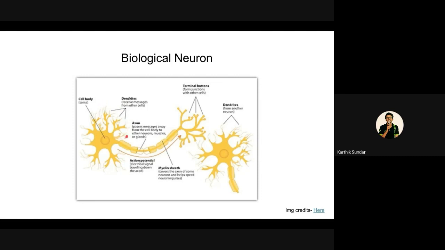What the dendrites do is receive information from other cells, and the neuron processes it and transmits it to other neurons. So that's how the neural network works. You take the input, process it, and give an output. This is what an actual biological neuron does, and this is what we, as computer scientists in industry, are trying to mimic in an artificial neuron.